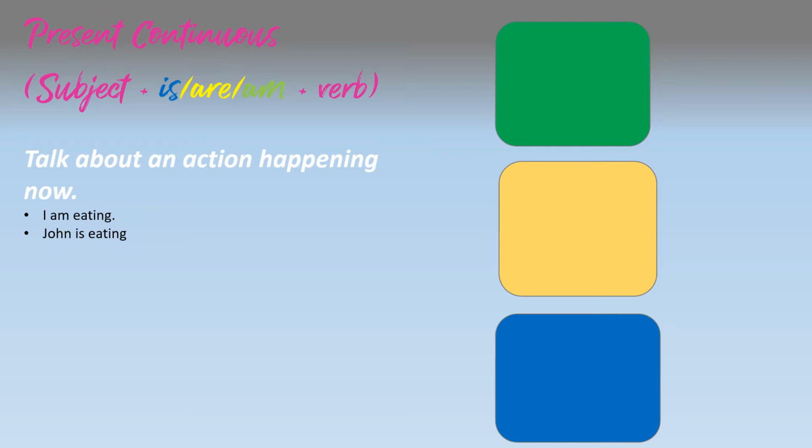I am watching YouTube. What are you doing now? I am eating. And the form that we use is quite different for the present continuous. When you use the present simple, you used a subject plus the verb. When using the present continuous, you would use subject plus is, are, or am, and the verb.